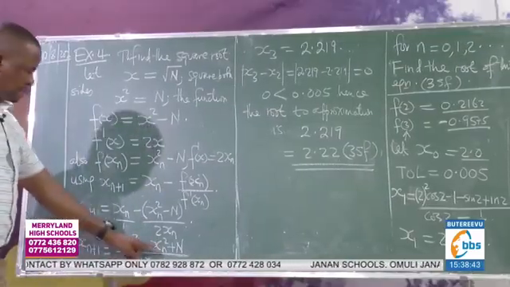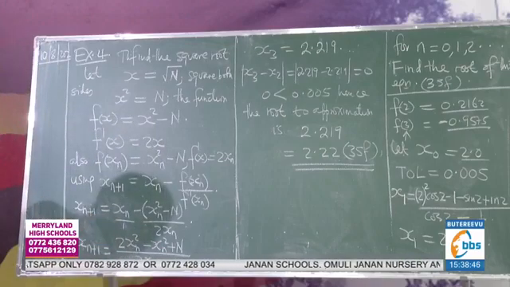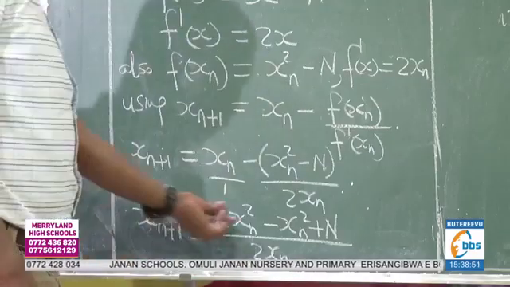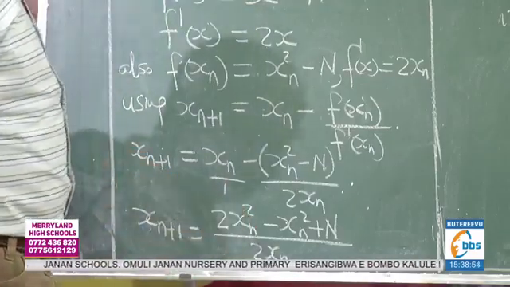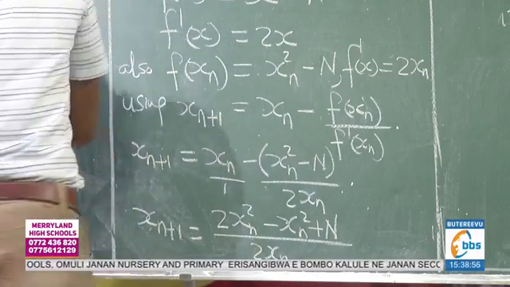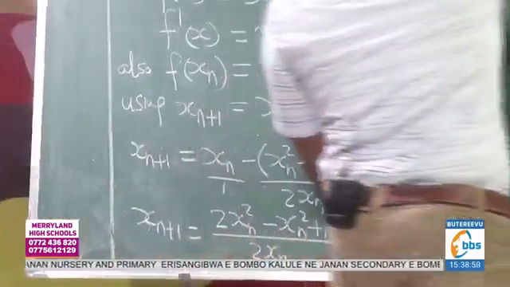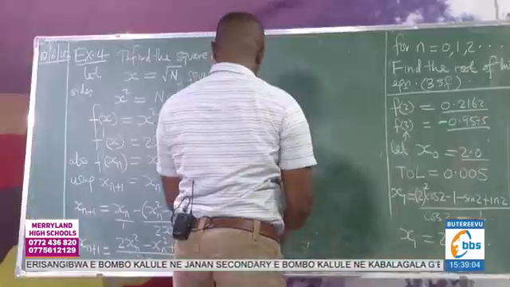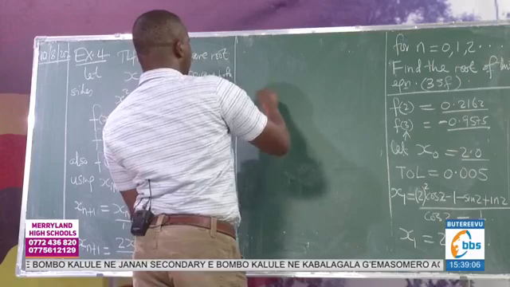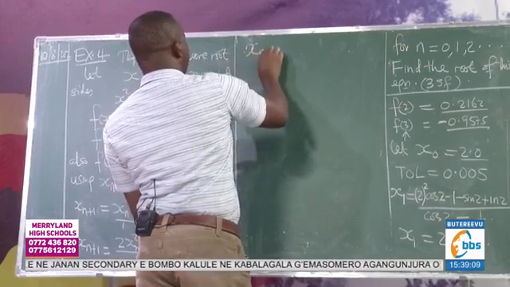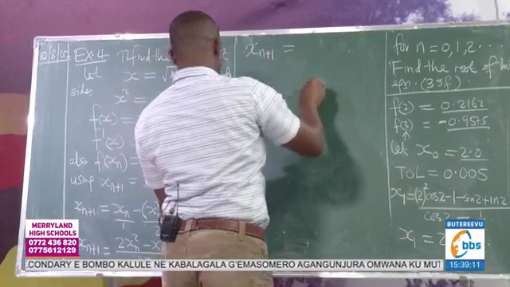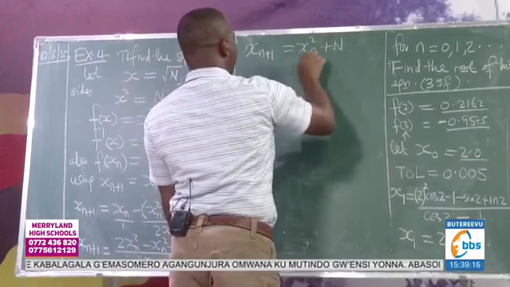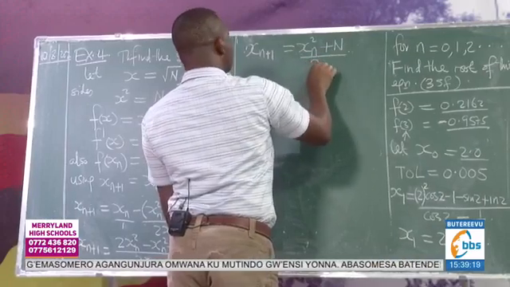But 2xn squared minus xn squared is like 2 oranges minus 1. You have 2 oranges, you take away 1 orange. If I let xn squared be an orange, 2 oranges take away 1, you will definitely stay with 1. And our formula, which they want us to find, xn plus 1 will become xn squared plus n over 2xn.